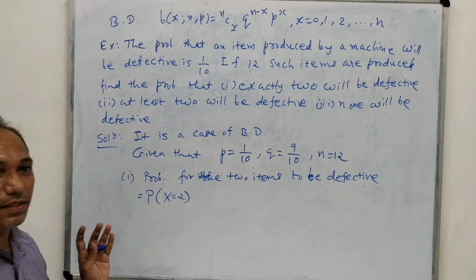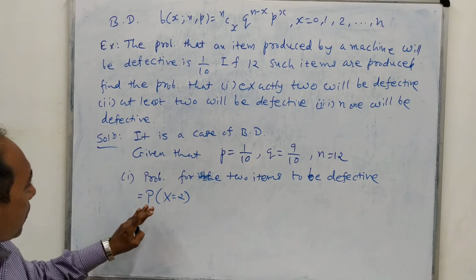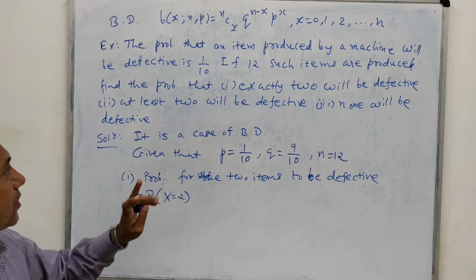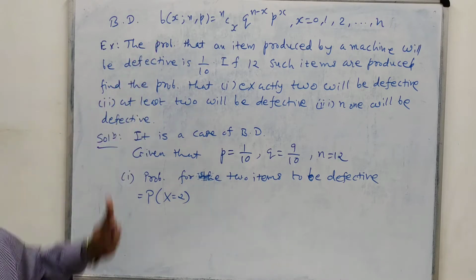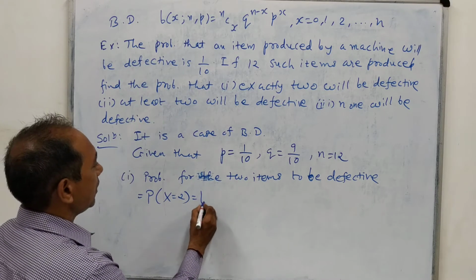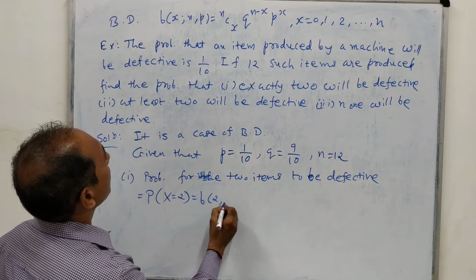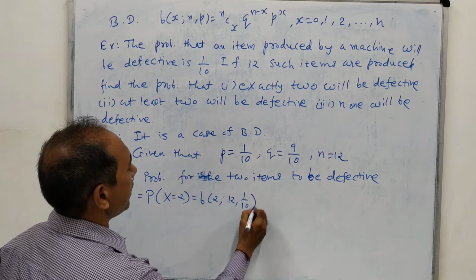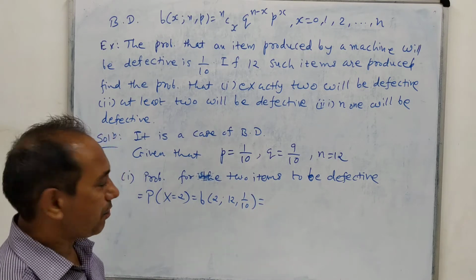So I always advise you to write down first in this form, probability of X equal to 2. Then you put in the symbolic form. So here small x is 2, n is 12 and p is 1 by 10.